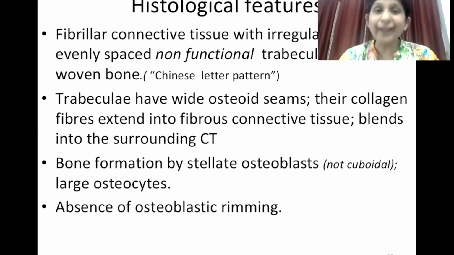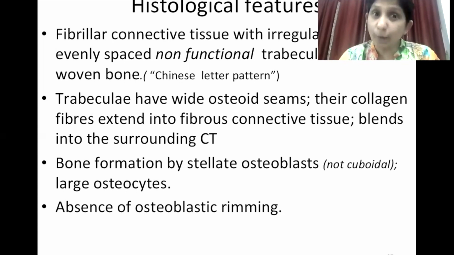So what would you find in a fibrous dysplasia? Obviously, you will find a lot of fibrous connective tissue because that's what you see. So in that fibrous connective tissue, if a connective tissue is fibrous, it will obviously have a lot of fibroblasts. So a lot of plump spindle-shaped fibroblasts will be seen, and then you have this woven bone which is deposited inside this connective tissue. So the woven bone would not have osteoblastic rimming.